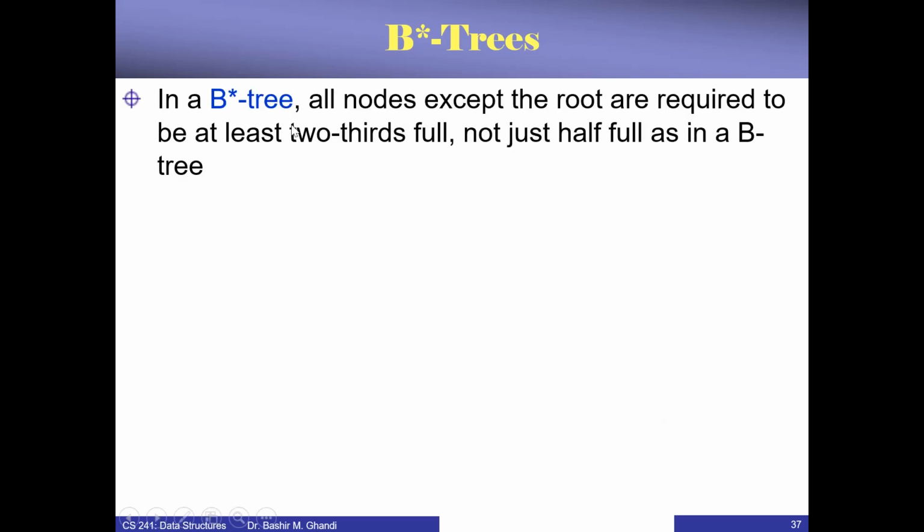So in a B-star tree, all nodes except the root are required to be at least 2/3 full. You see, in a B-tree, it should be half full. So here the requirement is 2/3 full. So this is even more efficient than a B-tree. Okay, so it has to be at least 2/3 full, not just half full as in the case of a B-tree.